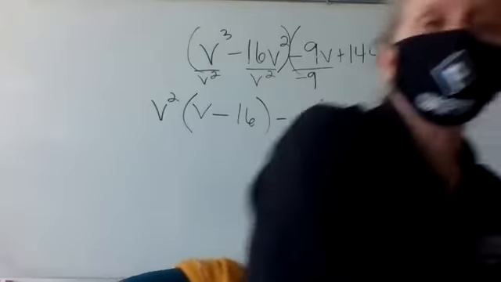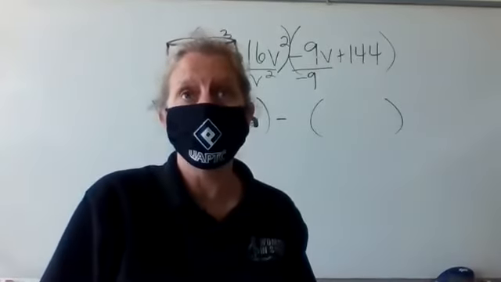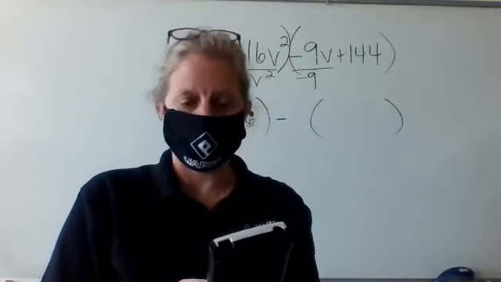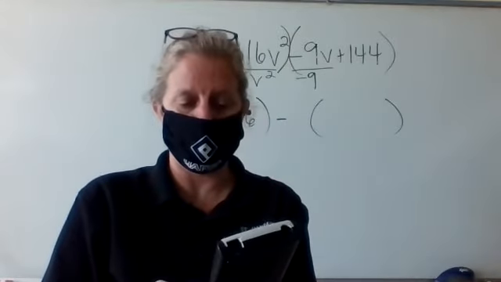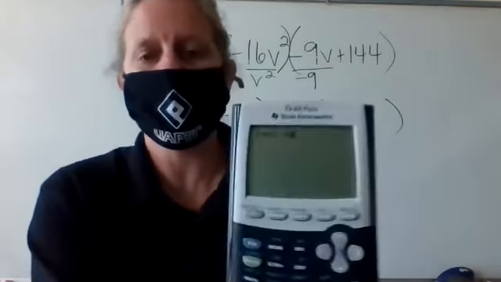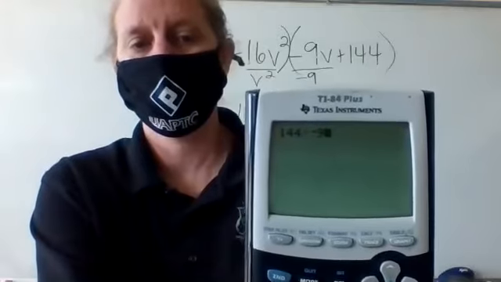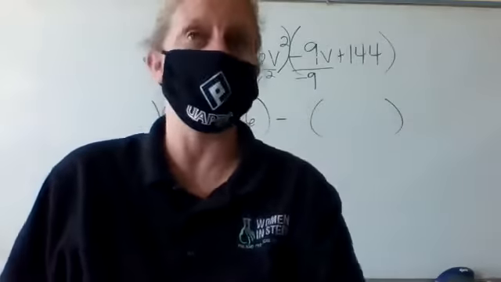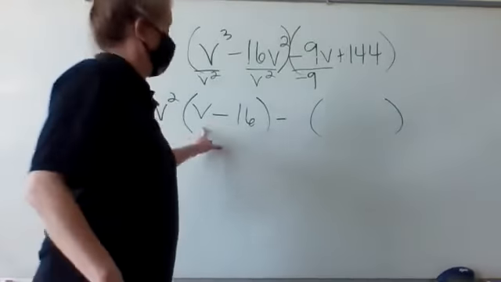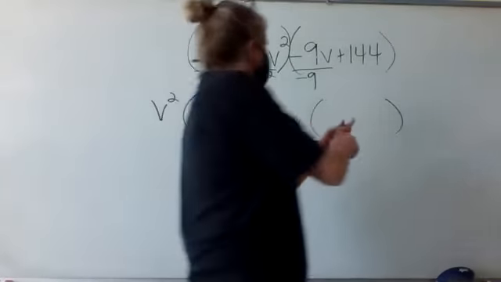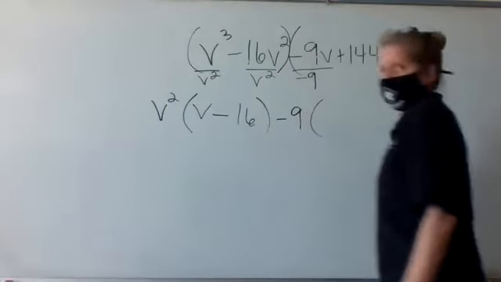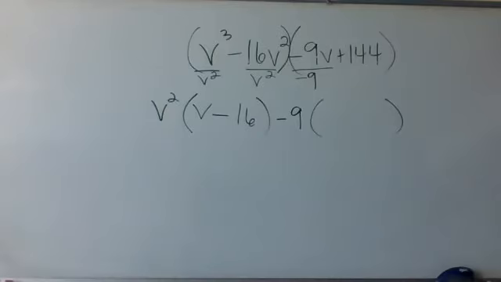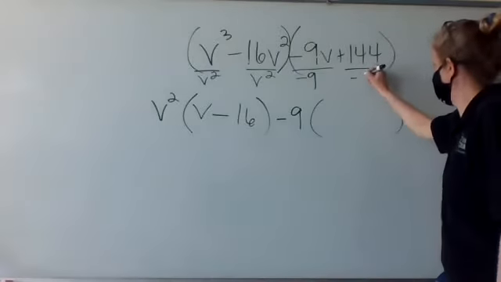So now I just need to make sure that 144 can divide by 9 or negative 9 also. It can. I'm just going to do 144 divided by negative 9, which gives me negative 16. And isn't that what I'm going to need after the v anyway? Yes. So pull out negative 9, which means that's what I divide both of these by.